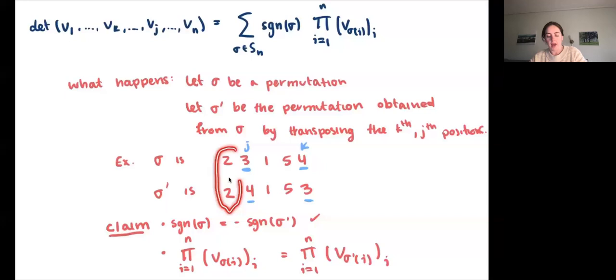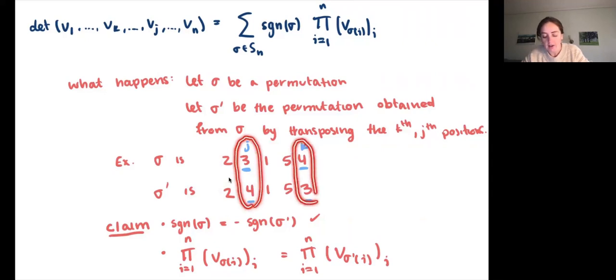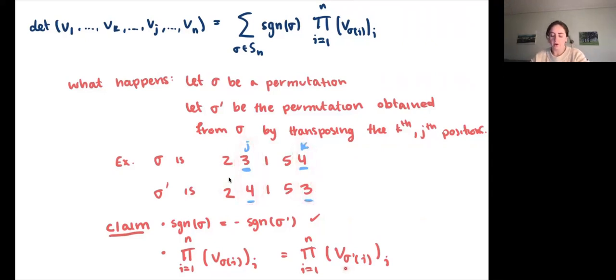Aside from J and K, we're going to be multiplying the same numbers for sigma and for sigma prime. And then for the numbers J and K, we would have different ones, so say in this example, one of them would have a 3 here and the other one would have a 4 here.